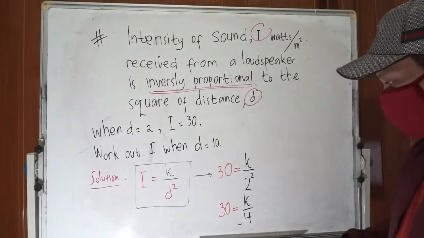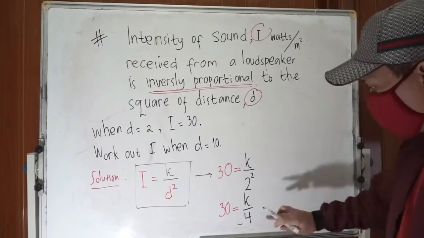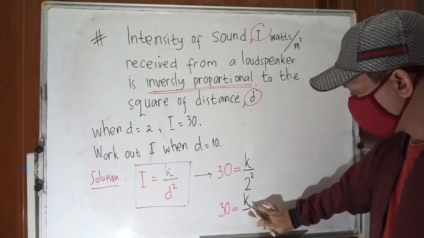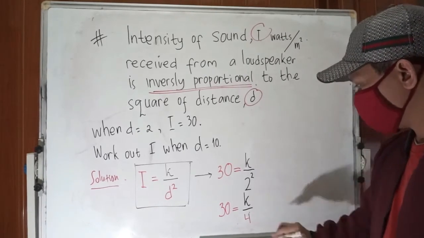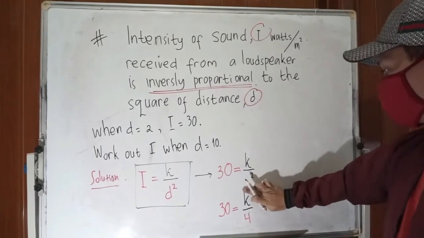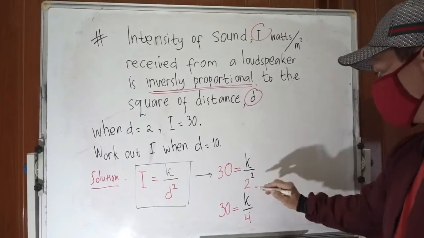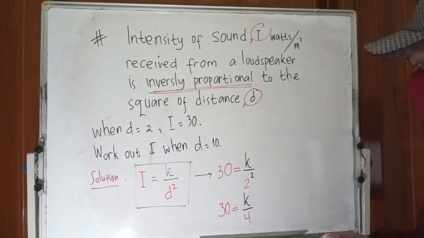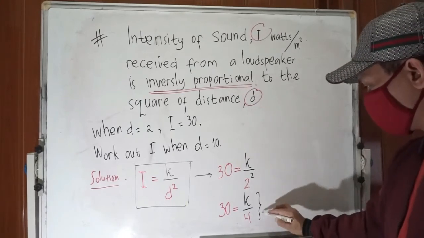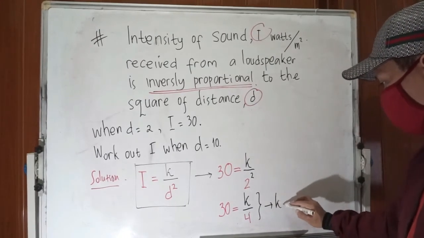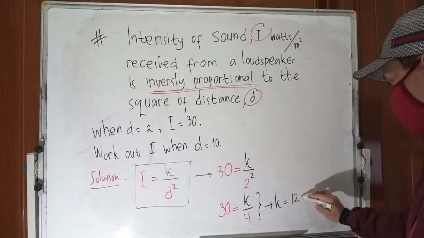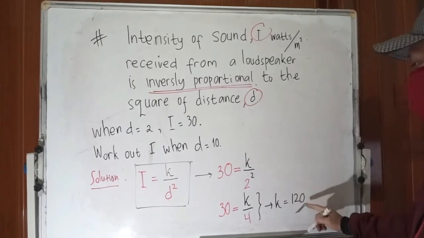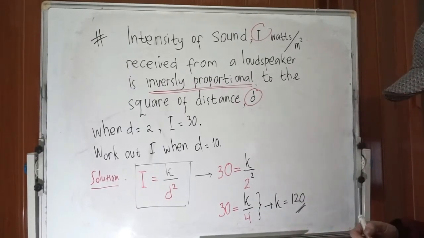So the value of k, I want to use a different color. Okay, here is red. So the value of k is 120. So this is the value of k.